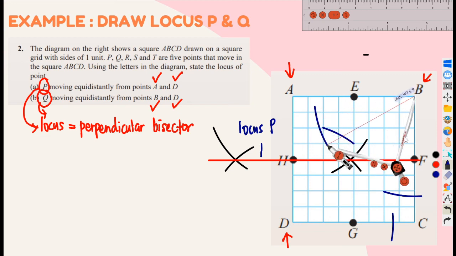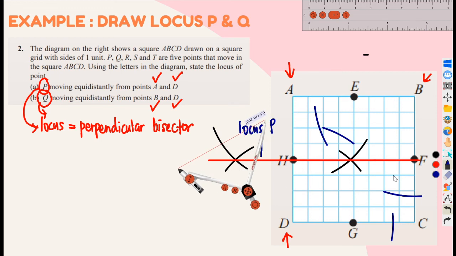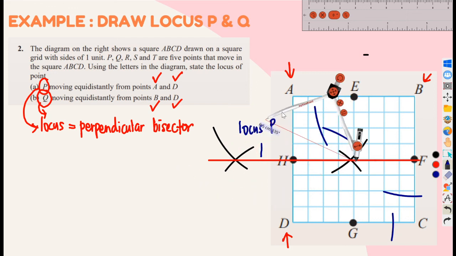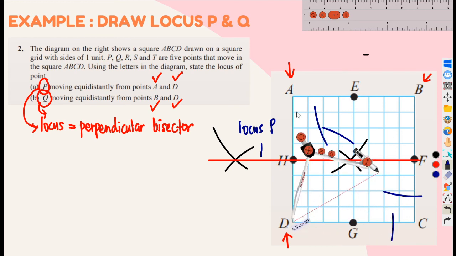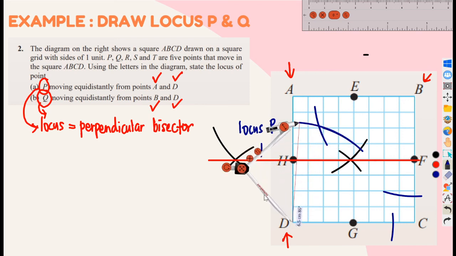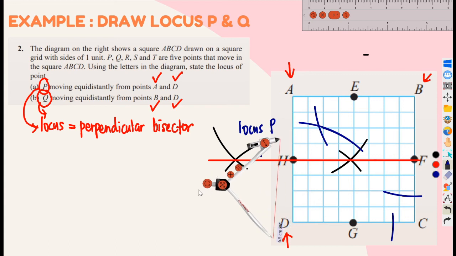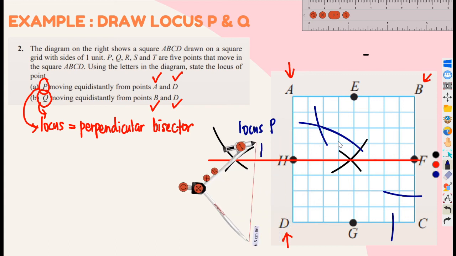You can see that these two arcs do not intersect each other, so you can adjust. Put the compasses at point D again and draw this one again. You will have the first arc, and there is the intersection here.